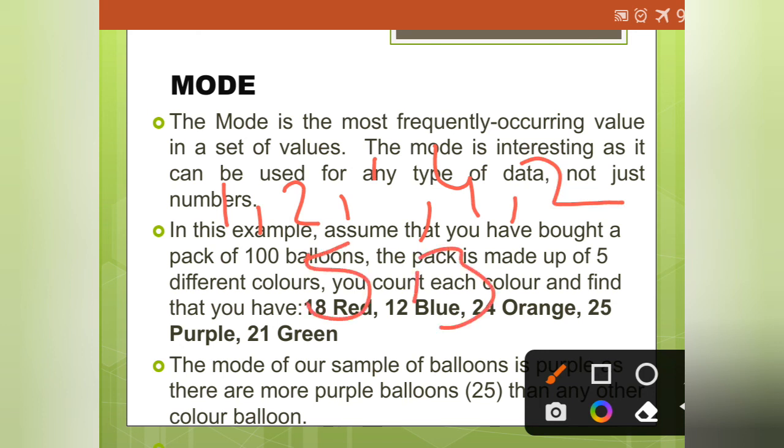In this data, 1 occurs 2 times, 2 occurs 2 times and 3, 4, 5 occur once. So the mode of this data is 2 numbers, 1 and 2, because they both occur twice.